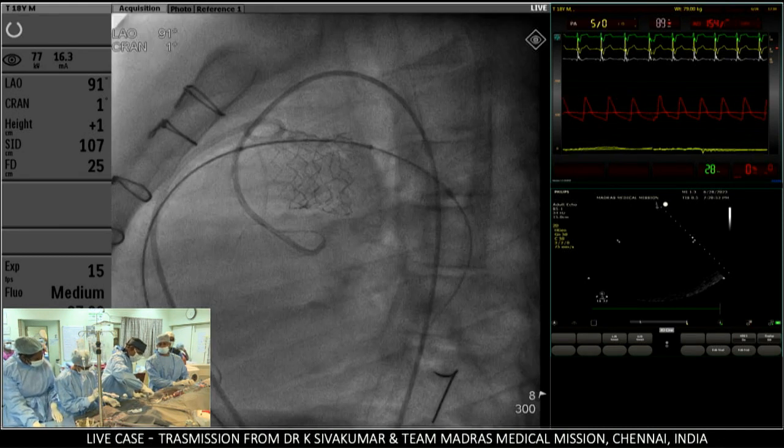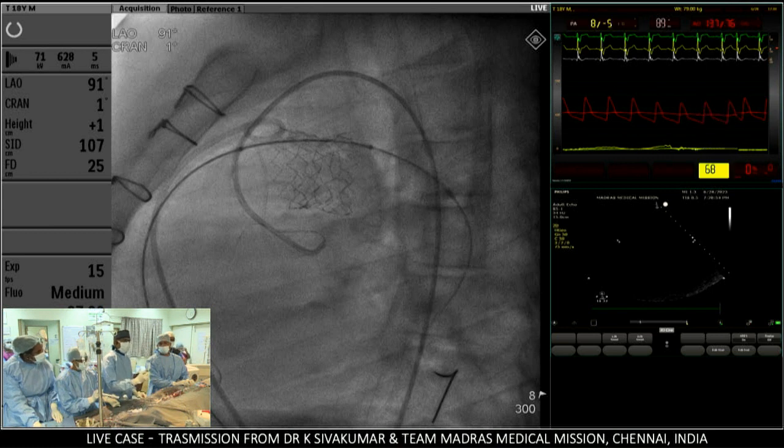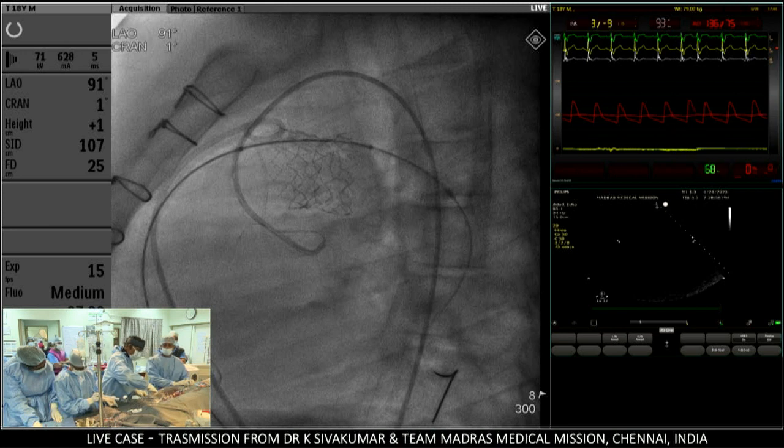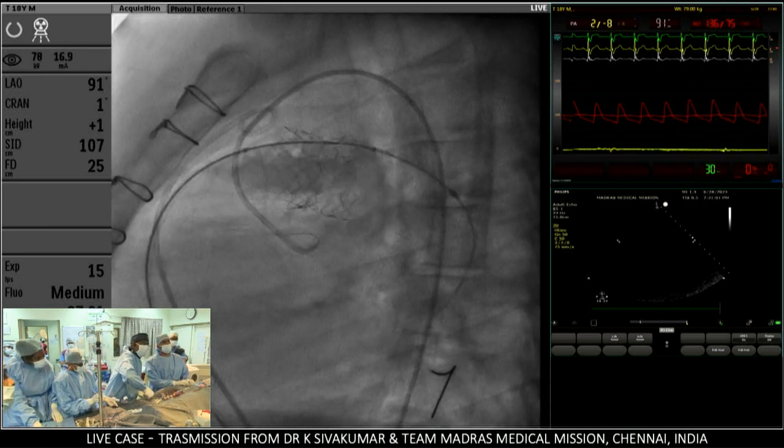Yeah. So now what I am doing is I am going to dilate this to 26.